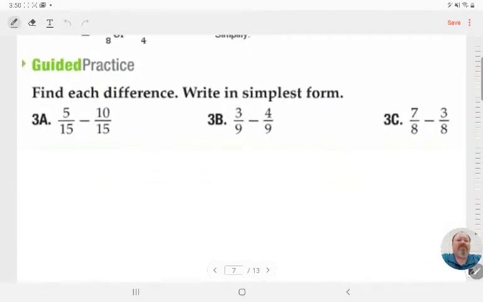So let's take a look. We have 5/15 minus 10/15. So again, we would take 5 minus 10 over the denominator, which both of them are 15, so over 15.